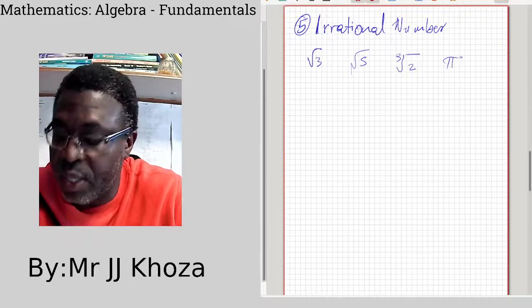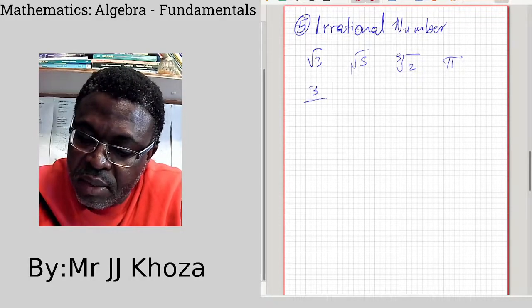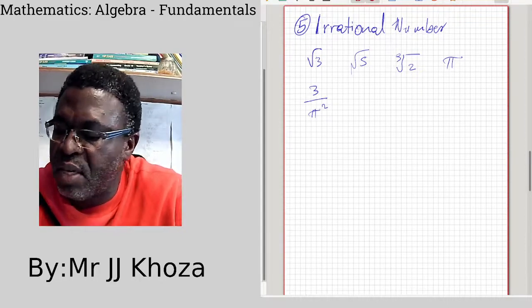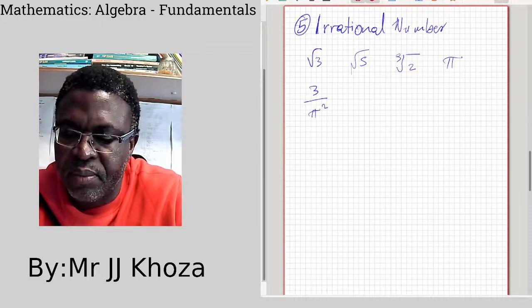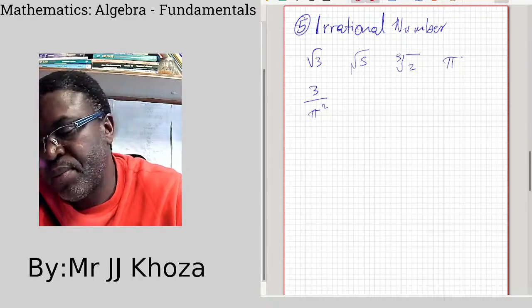We all know what pi is. Even if I can write this, it's difficult. These are difficult numbers, not really nice numbers to work with. Okay, so these are irrational numbers.